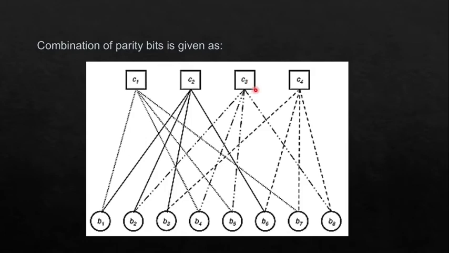But there is a problem. If there is one corruption in the data, if one of the data bits is missing or corrupted, then it can be replaced by looking at the parity bit. But if more than one data bit is corrupted, or we were not able to decode because of some noise, then we cannot decode it, because only one parity bit represents one bit of data.